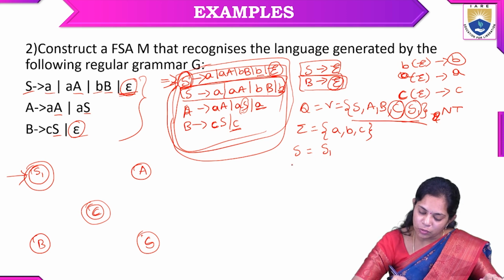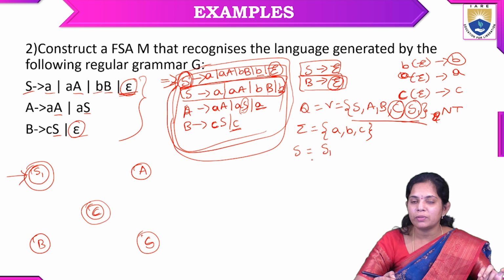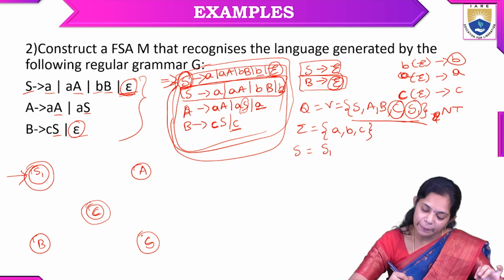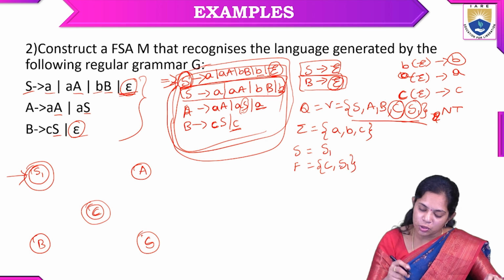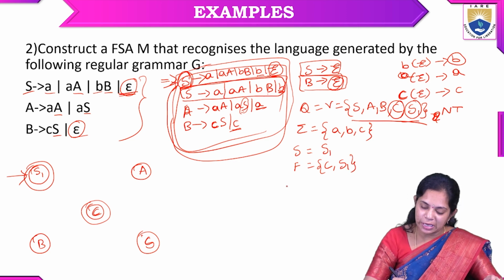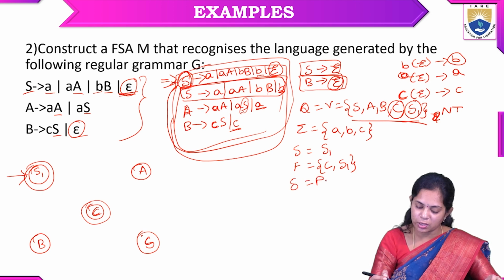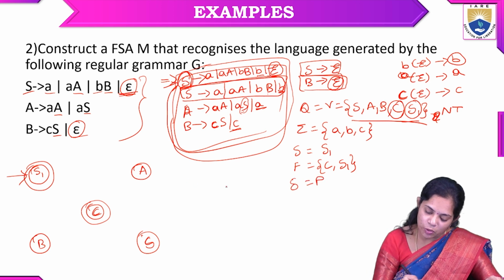And next, what we require for the finite automata is Q, epsilon, S, and the final states, which are two states. What are those two states? C, S1. And the production rules are equal to the transition function. So here I'll write the production rules.